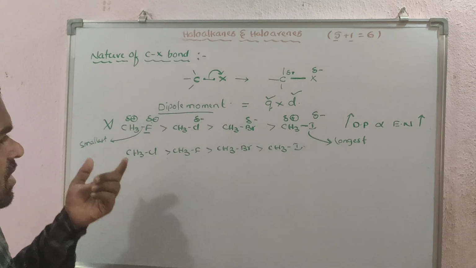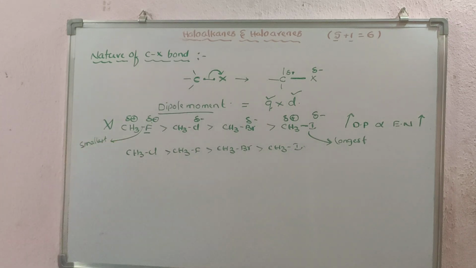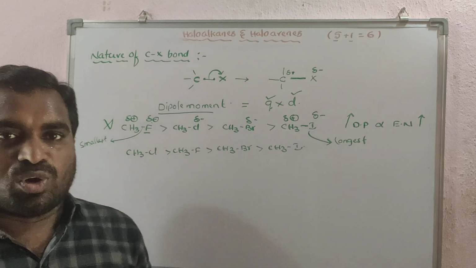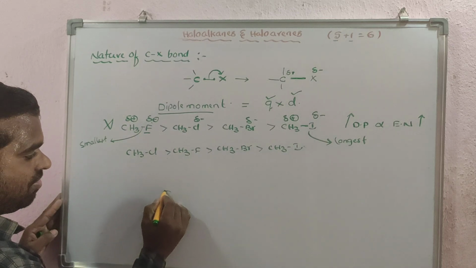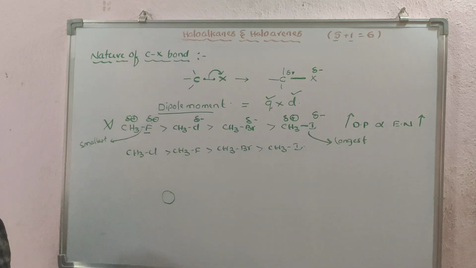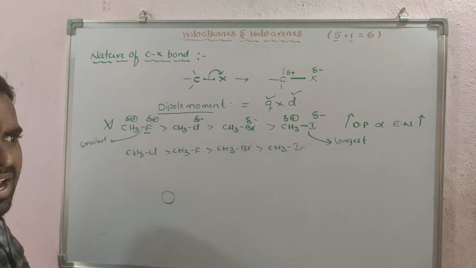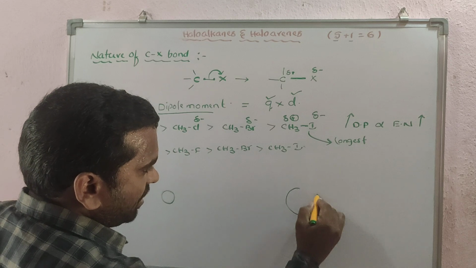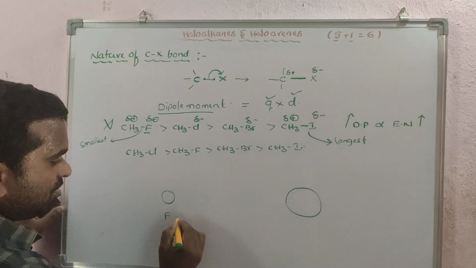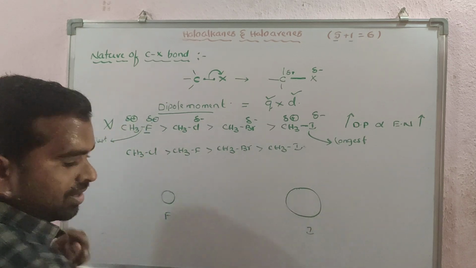Let me take one simple example to explain this. Suppose there is a 5-year-old boy, who is very sharp, and a younger boy who is 17 or 18 years old. Just assume one is fluorine and the other is iodine.